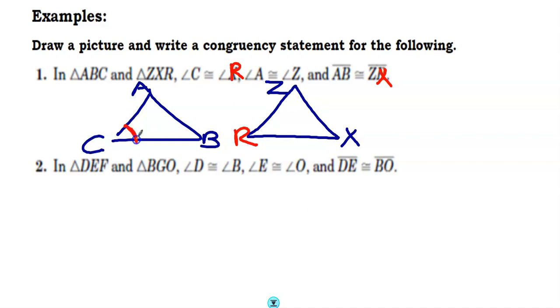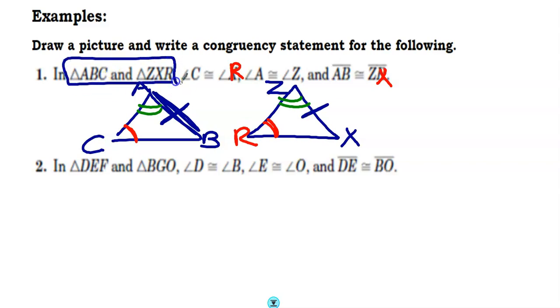So C goes with R. Cross that out and put an R. A goes with Z, and AB goes with ZX. So again, this order really matters. That's why I had to fix number 1. So A, B, C, and Z, X, R.